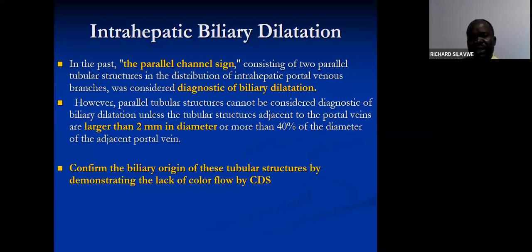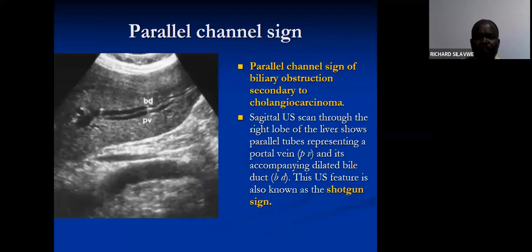That is when we can say there is intrahepatic biliary dilatation, only when it is more than 2 millimeters. So this is the parallel channel sign of biliary obstruction secondary to cholangiocarcinoma. Here we can see the portal vein, then we are able to see the biliary duct dilatation there. It is dilated there.